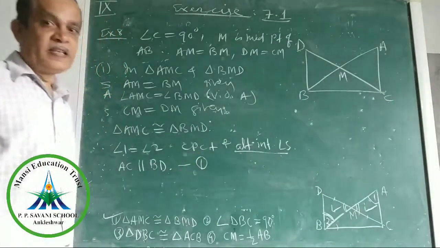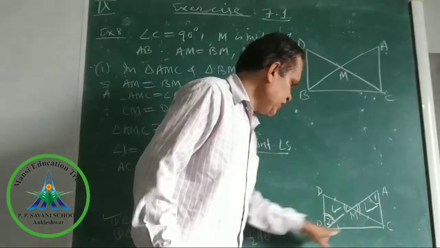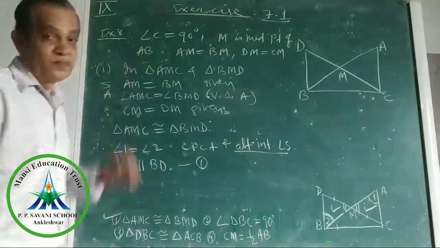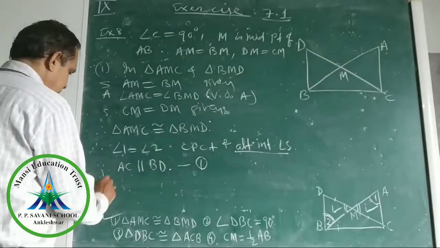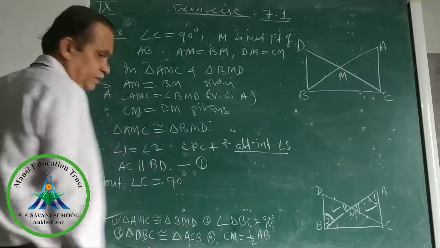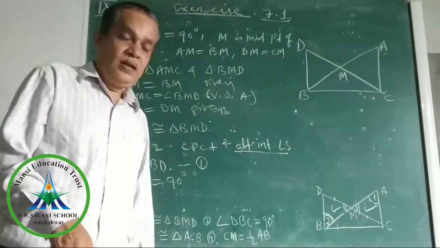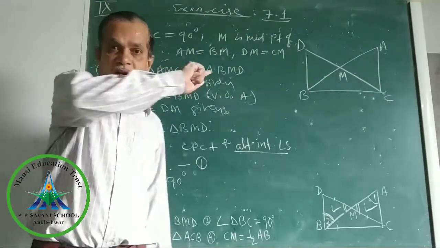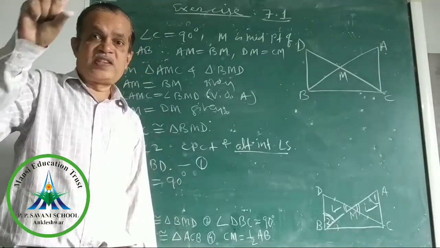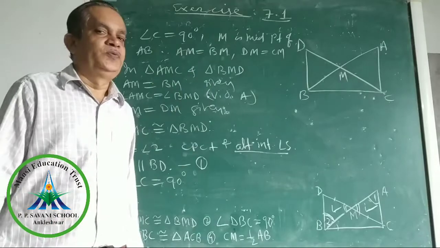Now if AC parallel BD and you know angle ACB is 90 degrees, see, angle C equal to 90 degrees. And you know that if two lines are parallel and a transversal is perpendicular to one line, then it is perpendicular to the other line also.